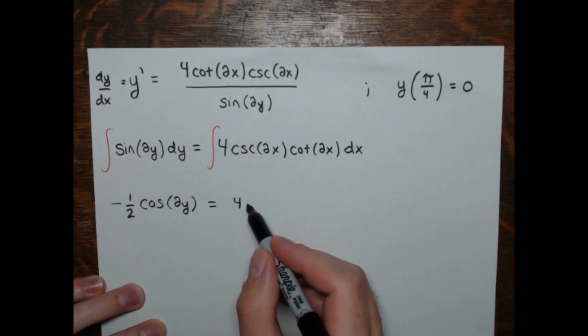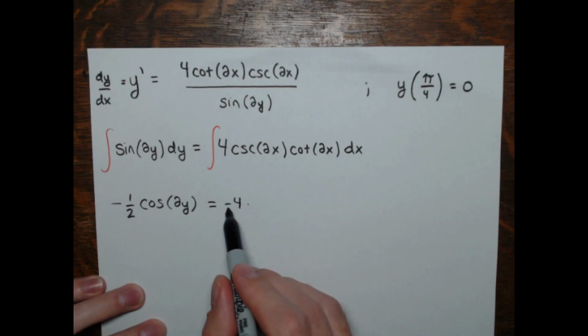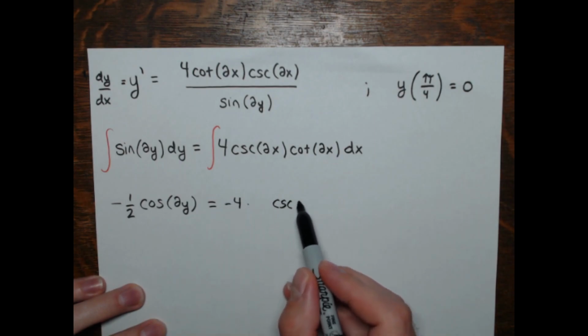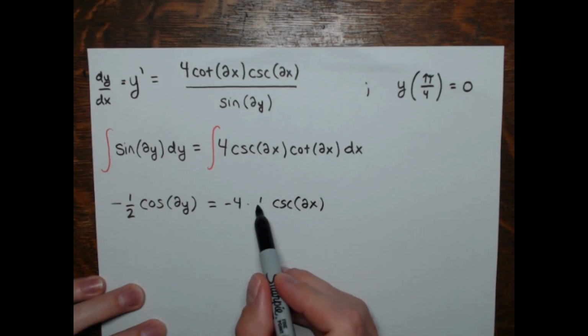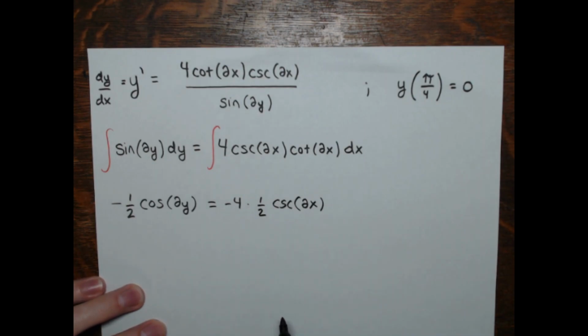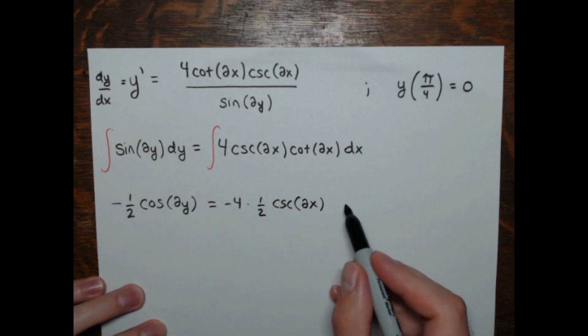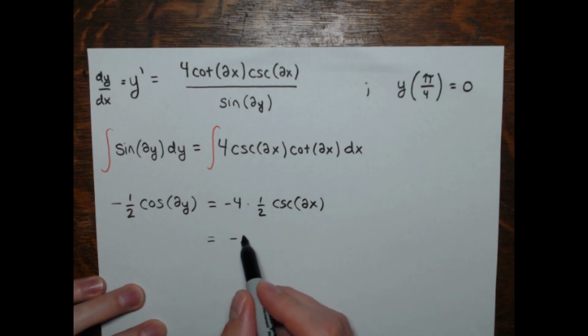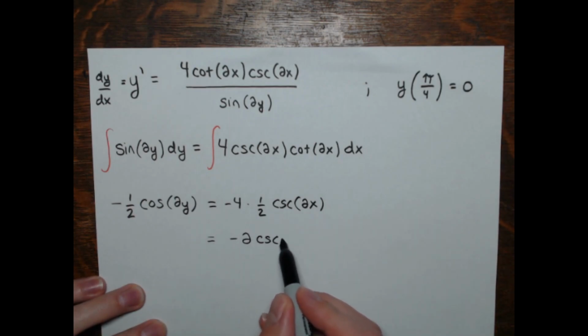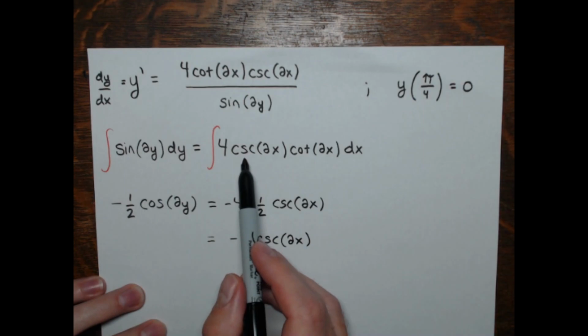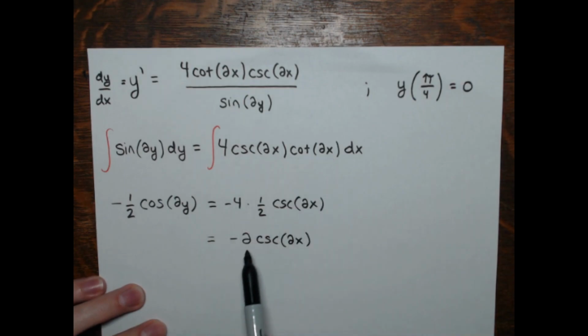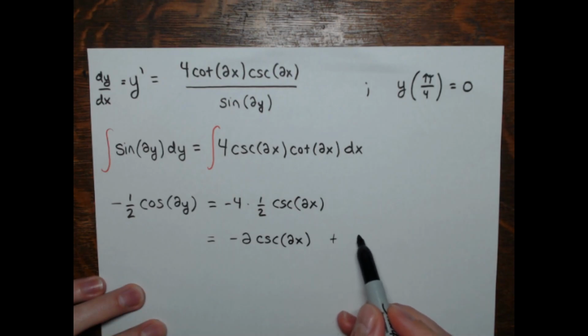So this right side will be 4 times the opposite of, I'll put a minus here, cosecant of 2x. But then again, you have the 2x here, so I have to multiply by a half to counteract that when I anti-differentiate. So that's negative 2 times cosecant of 2x. Again, the derivative of cosecant 2x would be negative cosecant 2x, cotangent 2x, times the 2 from inside, so you'd have positive 4. And then plus some constant, of course.